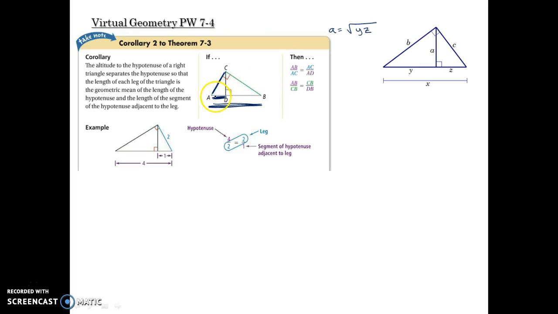Well, what does that look like up here? Let's see. A, B, and I'll just kind of copy the letters over, I think. B, and then AD, it was Y, and then X is the whole way.